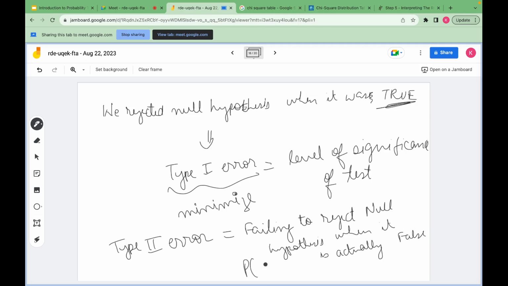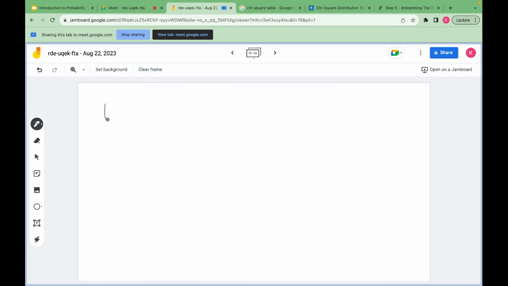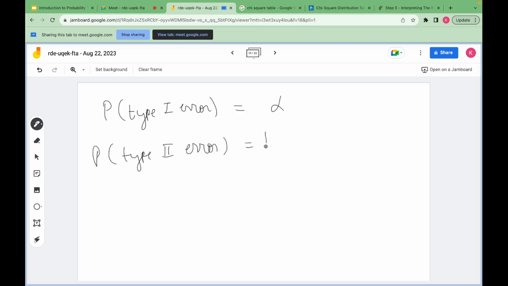The probability of type 1 error is nothing but alpha, which we were using earlier, the level of significance, and the probability of type 2 error is denoted by beta.